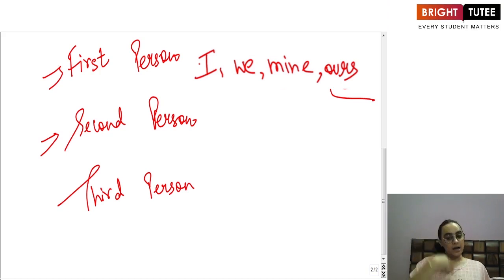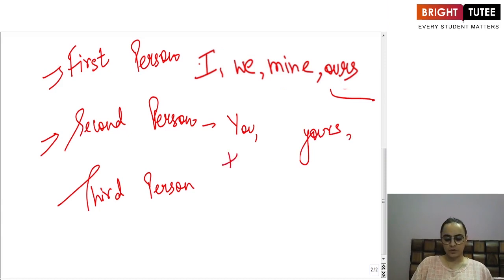So when I am the first person, if I am the speaker, who am I speaking to? I'm speaking to you. So my second person pronouns are you, yours. And in the Old English, we also have words like thee and thou. These are also second person pronouns because they are used for the person you are speaking to.